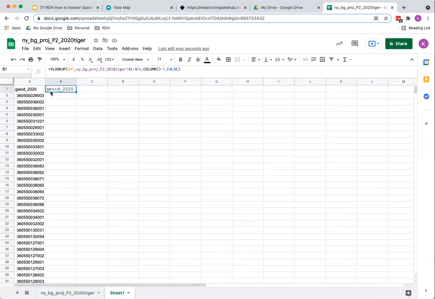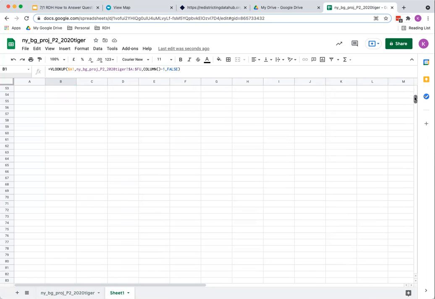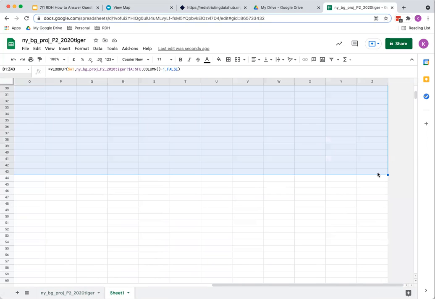So now my code is working. So I am going to copy this formula. I am going to scroll down to the end of my block group equivalency file, and then also scroll all the way over to the end of my data sheet, and I am simply going to paste the formula.